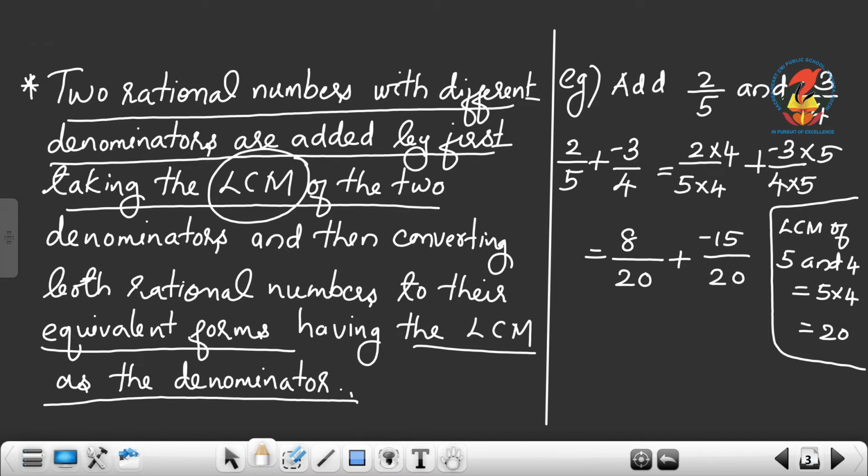We got rational numbers with the same denominator. So add the numerators: 8 plus negative 15 by 20. What is 8 plus negative 15? Negative 7 by 20. So the answer is negative 7 by 20.